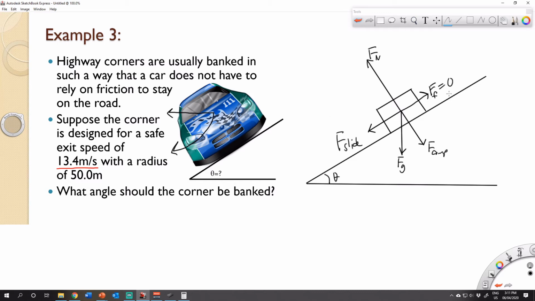Look at my diagram here. Notice how I drew my normal force a little bigger than the compressing force. There was a reason for that. The normal force is somewhat bigger than the compressing force because the normal force has to provide some kind of centripetal force this way. So the centripetal force goes that way.